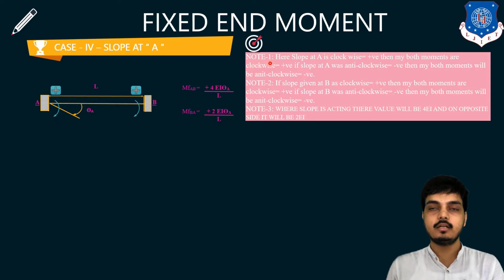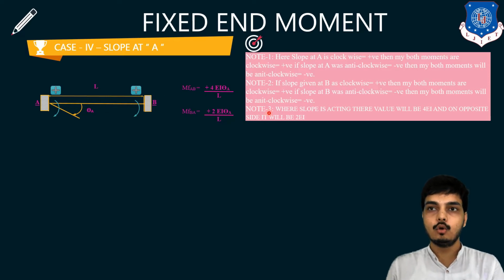One note has been written that if the slope is clockwise, both the moments are clockwise. If the slope is anti-clockwise, both the moments will be anti-clockwise. This you have to remember. Note 1 has been explained. Note 2 says that if at B there is a downward slope, meaning anti-clockwise, then both the moments will be anti-clockwise.